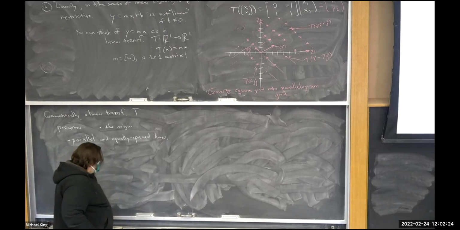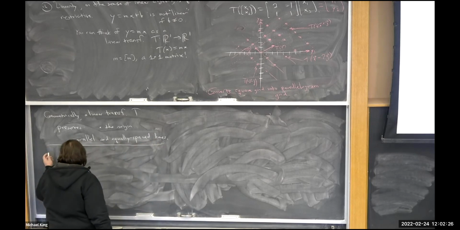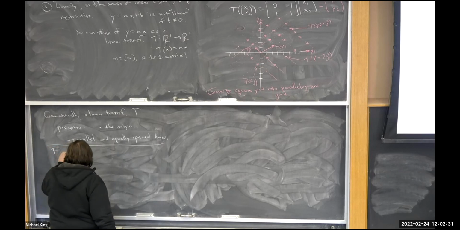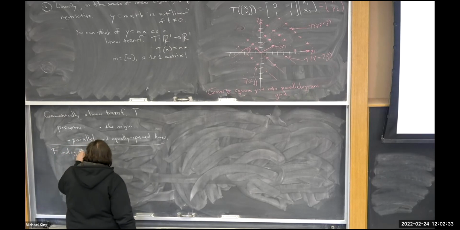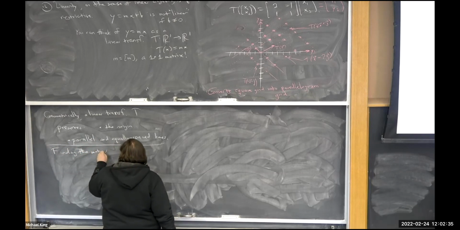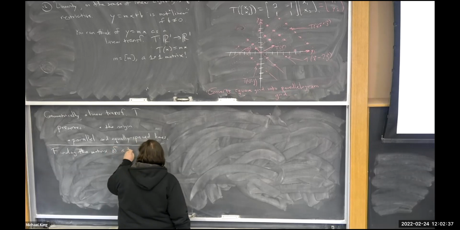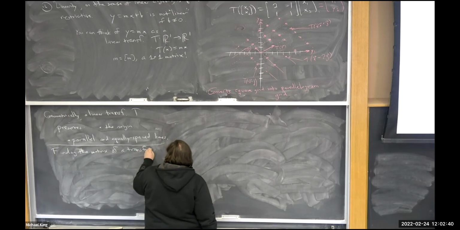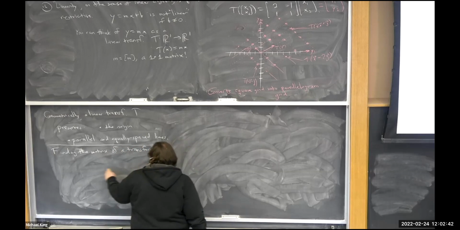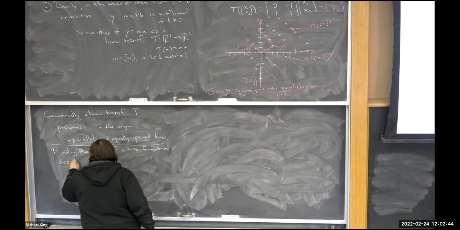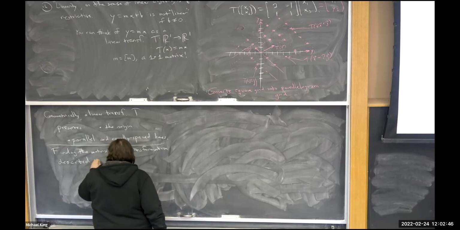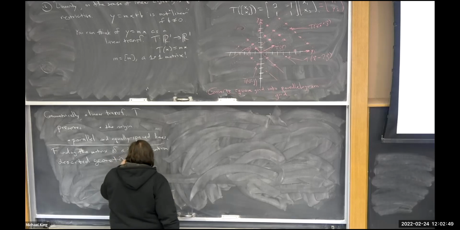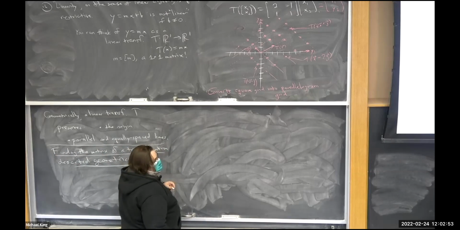So, finding the matrix of a transformation described geometrically. The idea, like I just said, is you just see what happens to the standard basis vectors.